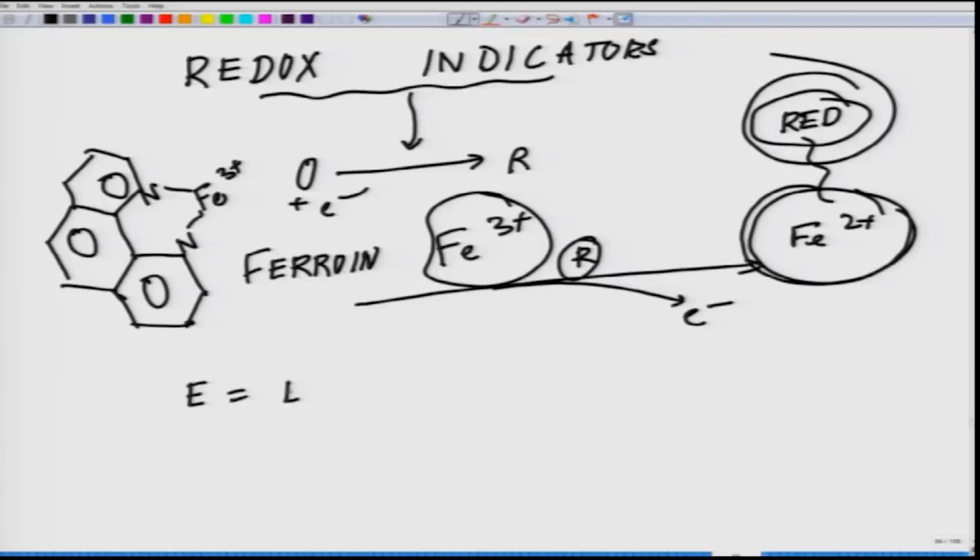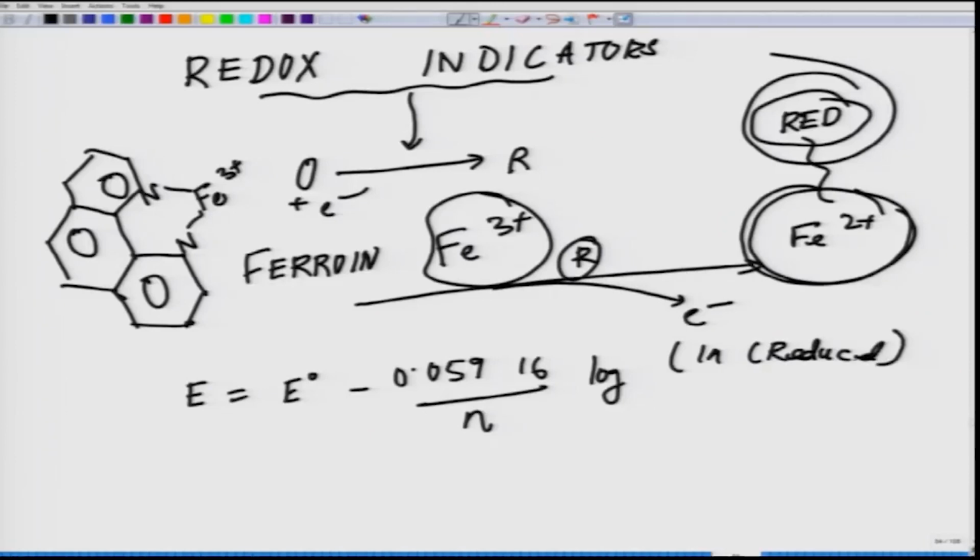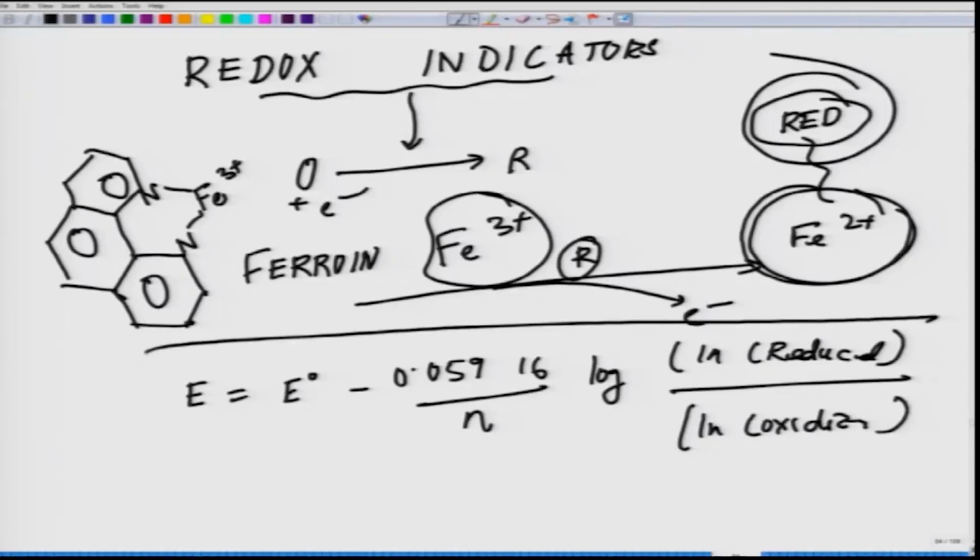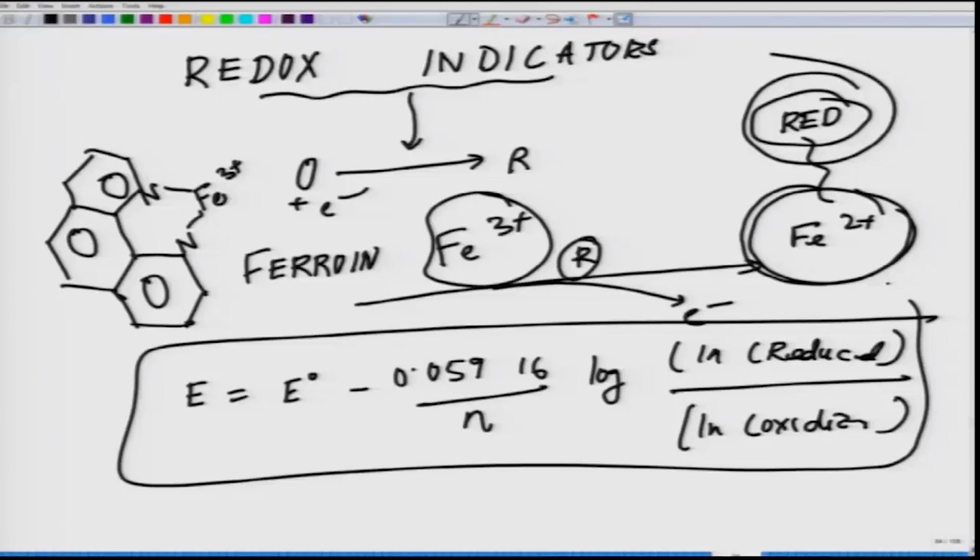E is equal to E0 minus 0.05916 upon n, which is the number of electrons, times the log of the concentration in the reduced state over the oxidized concentration. Based on that, you can calculate and predict the potential range over which the indicator color will change, and that is the Nernst equation, the basic equation I told you.